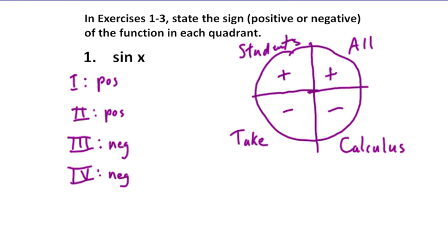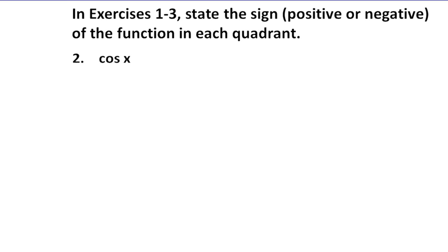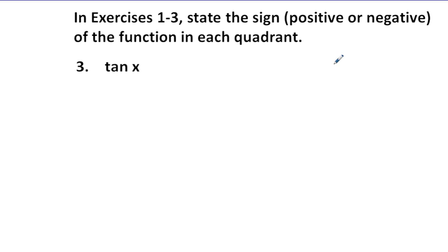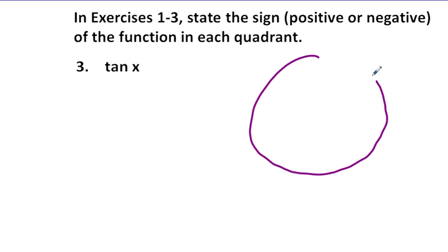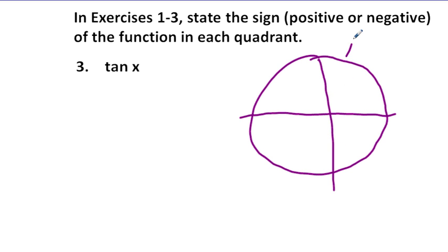All right, let's go on to the next odd number, problem 3. Tangent of x. Same thing, draw this. Okay, again, All Students Take Calculus. I'm just going to put the abbreviation ASTC. So in quadrant 1, all trigonometric functions have positive values, including tangent.